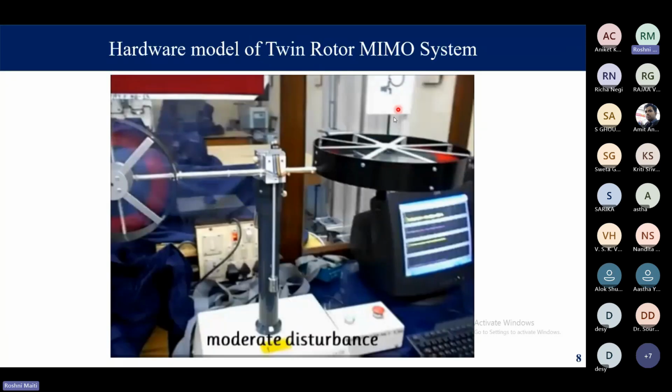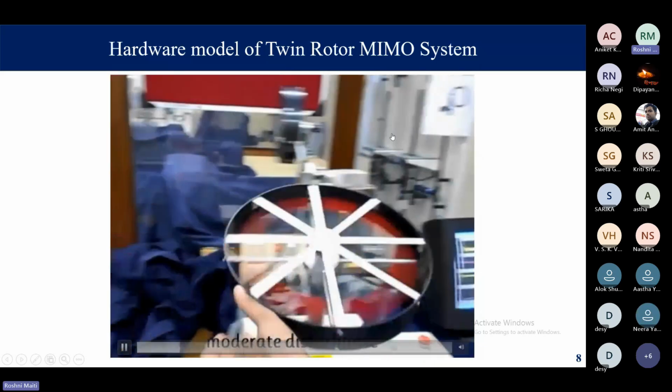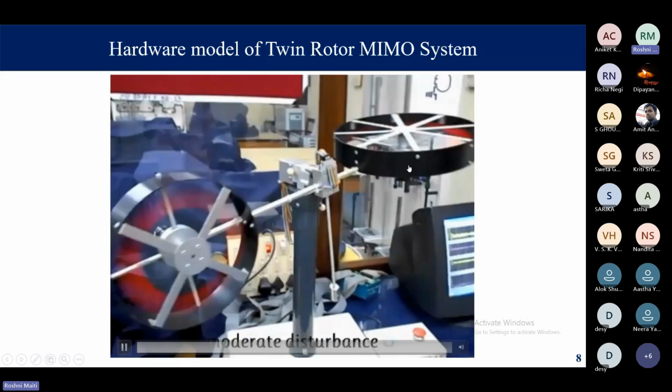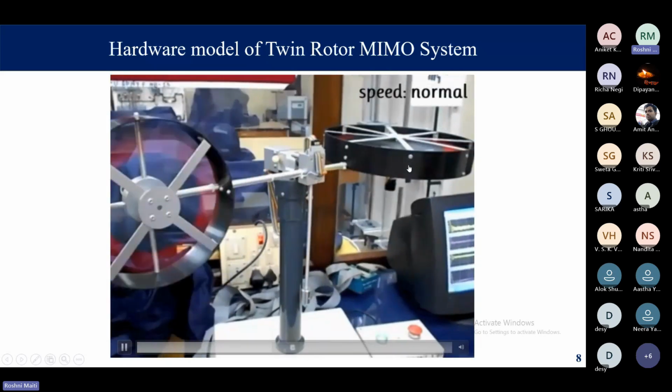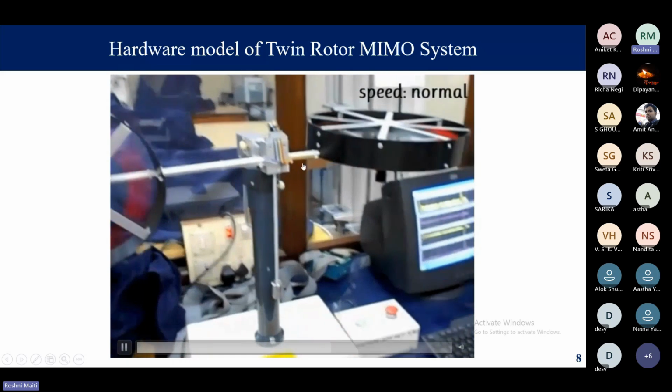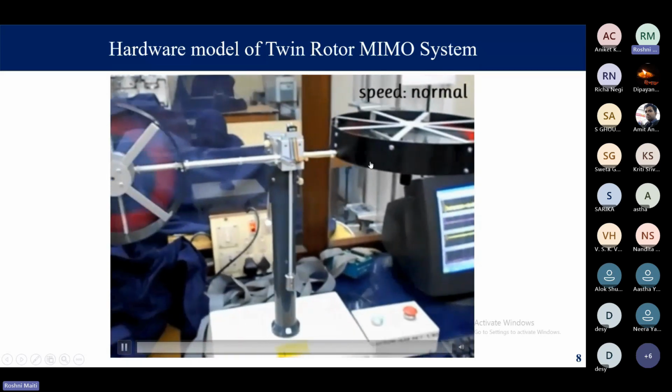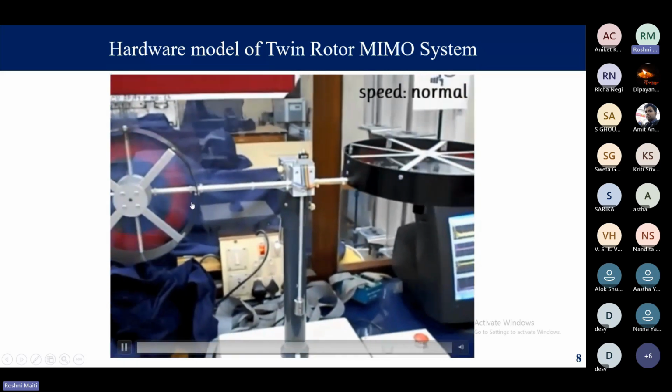Next, we have designed one fuzzy observer. This is a fuzzy observer based sliding mode controller for a twin rotor MIMO system. Here, this is a model of a twin rotor MIMO system where we have these two rotors.